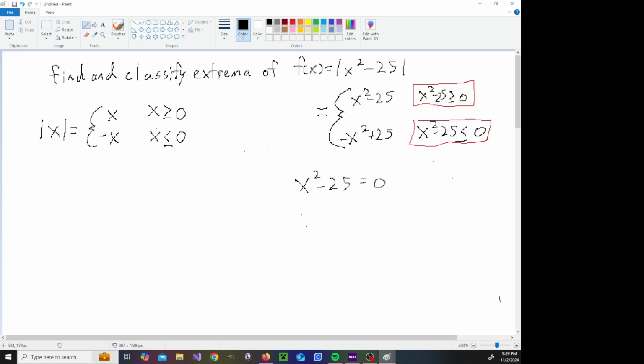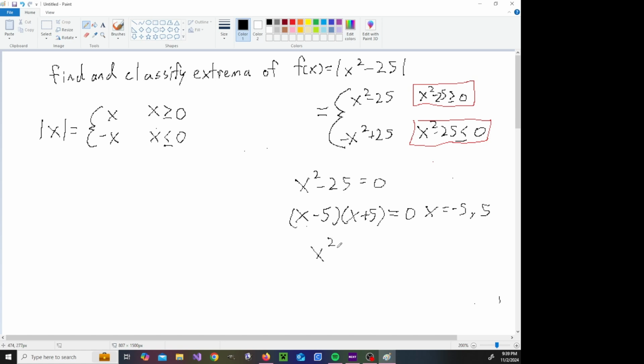We can do that either algebraically or by factoring. Well, I guess factoring is algebra. If I factor this as x minus 5 times x plus 5 equals 0, then I see right away that my two x values are negative 5 and positive 5.